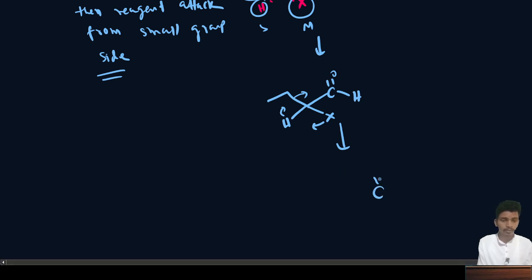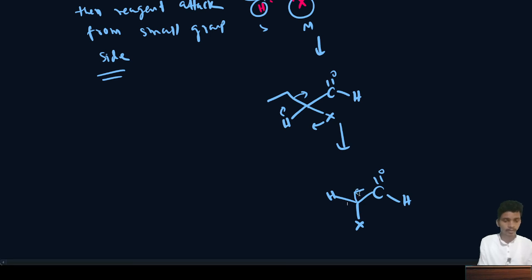So this CO, H and this X will be here and H will be here, and here the groups 2, 1, 2. Okay, or like this.